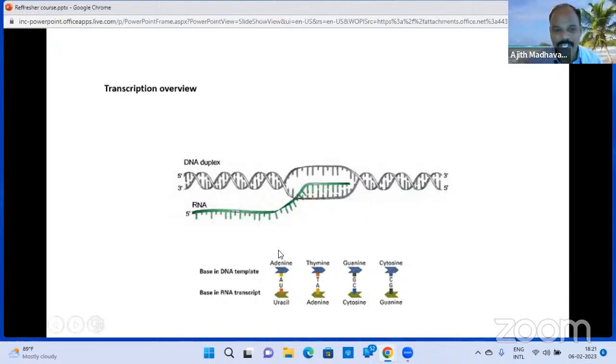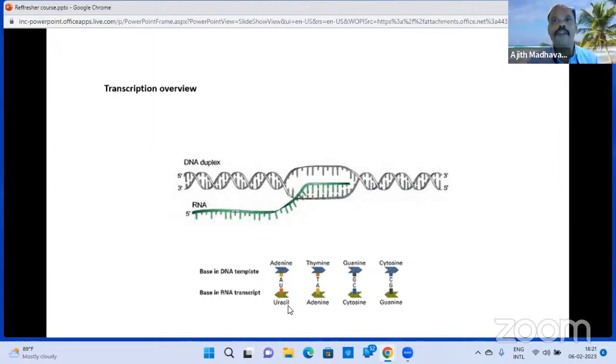So what is the information? Look at the second picture in this diagram. Listen very carefully. On the DNA template, I told you, whenever there is an adenine, a uracil will be added. This is the second difference of an RNA molecule. The first difference I told you: at the second carbon position of the ribose sugar, an OH is missing in the case of DNA, while you have an extra OH in the RNA molecule. Another difference is you don't have thymine here.